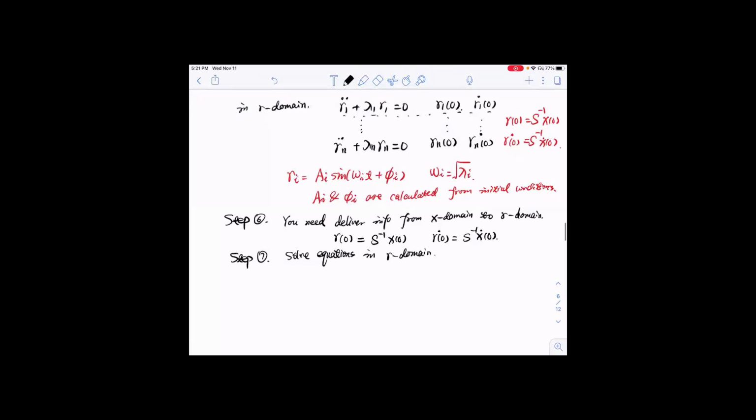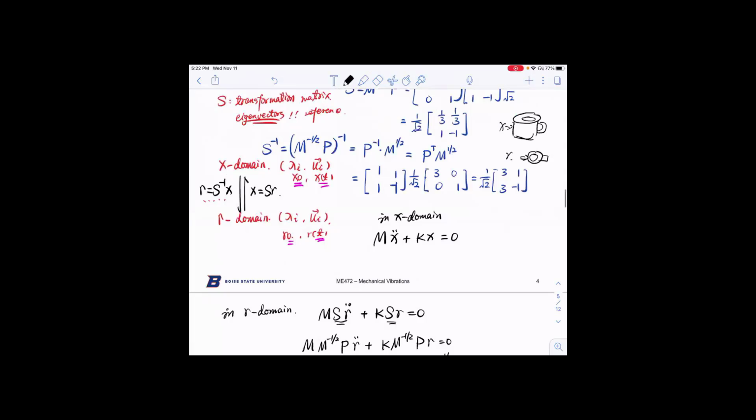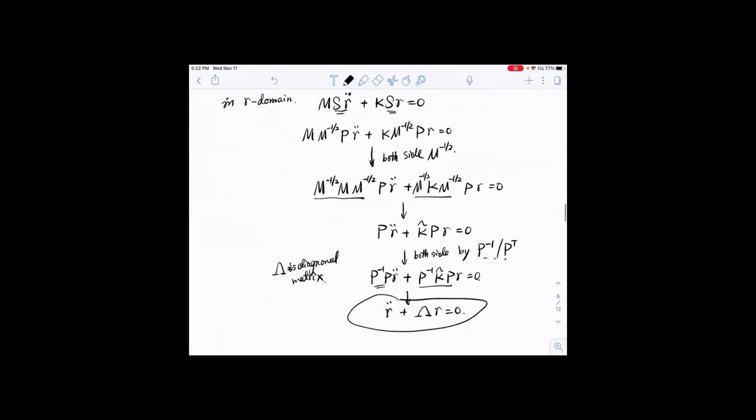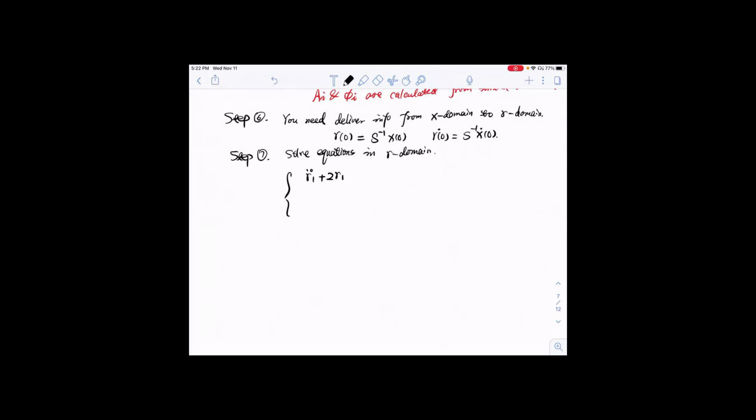You need to solve R1 double dot plus, what's your first natural eigenvalue? I think one is 2, one is 4, okay. So this is R1 double dot plus 2 R1 equal to 0. The second one is R2 double dot plus 4 R2 equal to 0.